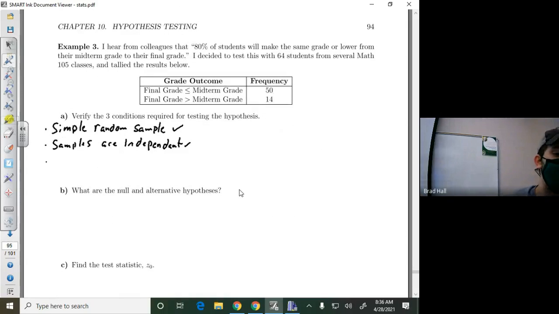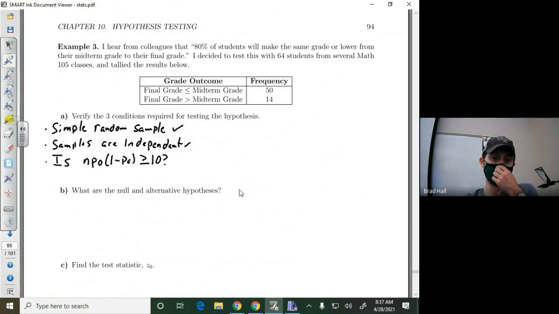And so the only one we need to check is whether n times p0 times 1 minus p0 is in fact greater than or equal to 10 or not. Now, the reason I had to pick 64 was because I worked this problem backwards. I knew what p0 was, and it told me that I had to pick an n value of at least 62, or something like that, 61 or 62. We'll see it here in a second. And so I chose 64.